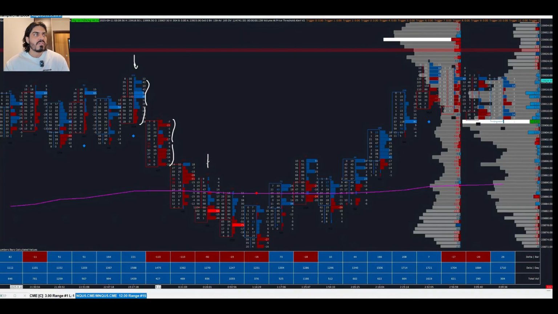What a lot of people have done is actually just completely abandon all the delta other than these very aggressive highlighted outliers. So if there's buyers that are lifting the offer aggressively, delta goes positive, right? And we're looking for these very light numbers. If there's aggression, sellers hit the bid aggressively, what happens is delta goes negative. This tells us who's in control of the move.